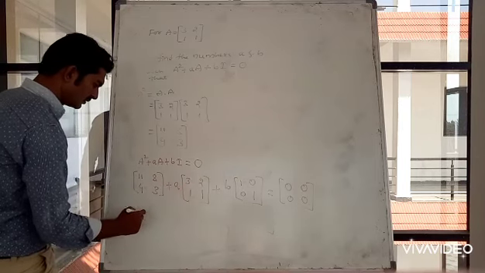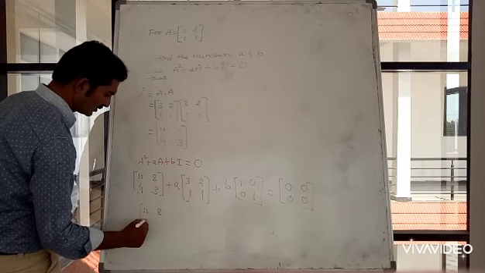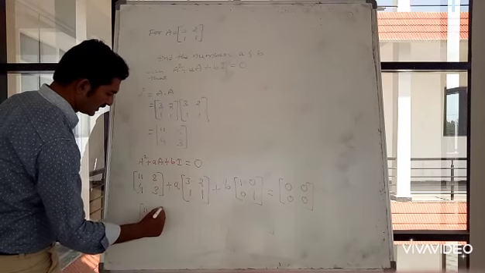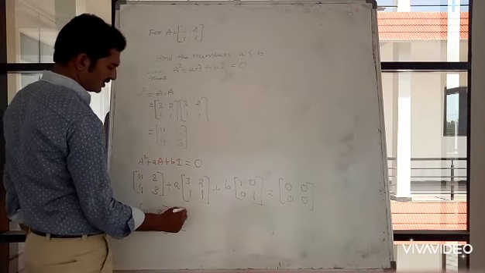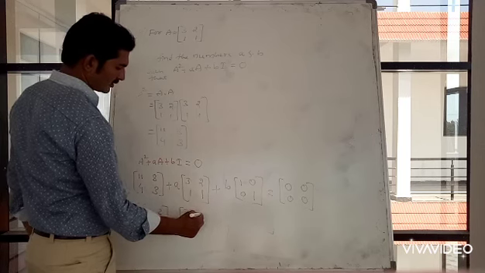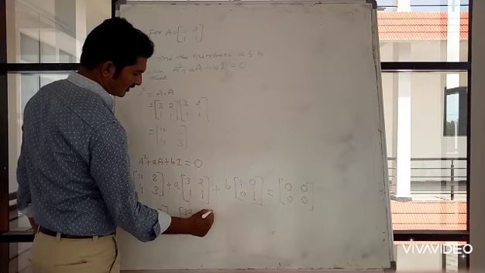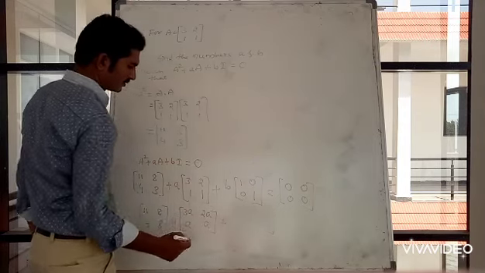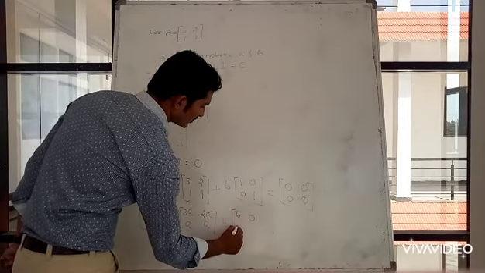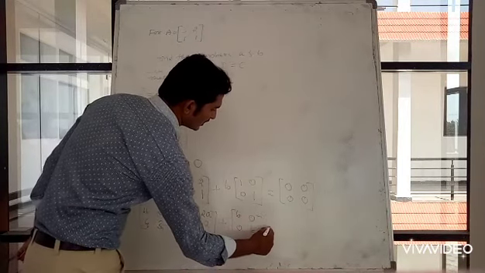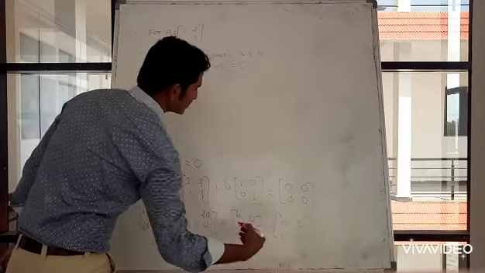Scalar multiplication here. 11, 8, 4, 3 plus 3a, 2a, a, a, plus b 0 0 b. Right hand side 0 0 0 0 as it is.